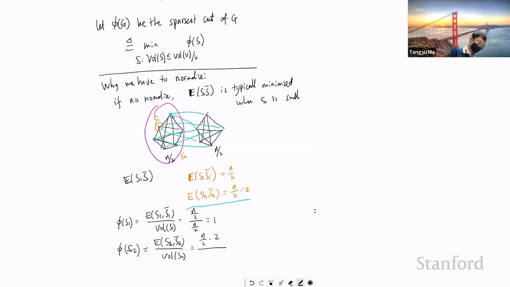That's actually a big number, something like n over 2 times n over 2 minus 1, the number of edges within S2, plus some edges between S2 and S2 bar. This would be roughly 2 over n. So the conductance of S2 is much smaller than the conductance of S1 if you normalize.